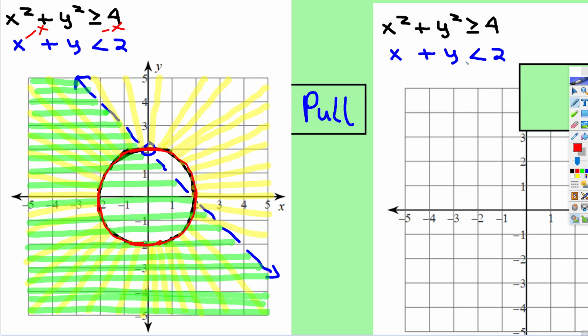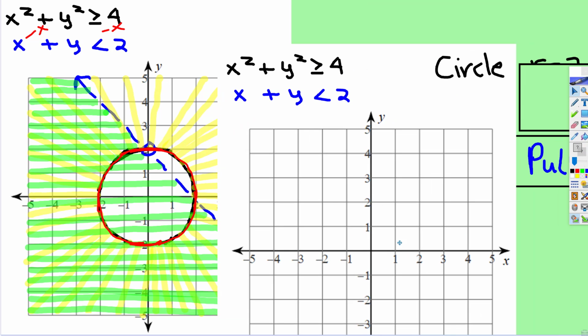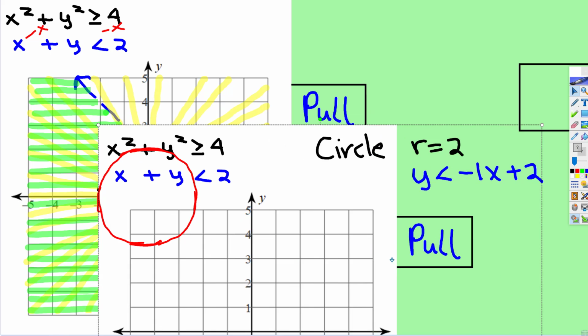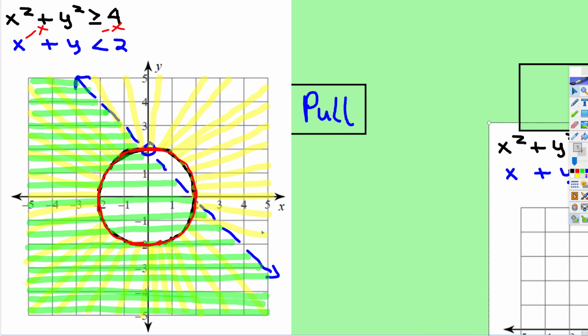And then the next one, this equation right here, there we go. I put a hollow dot at 2, and then the slope was -1, which is what I did there. And then now notice we're going to shade.